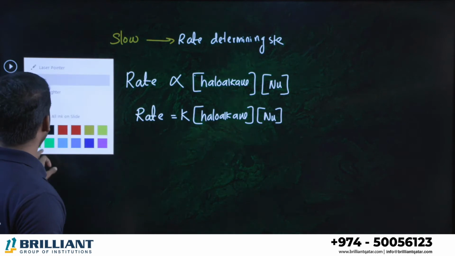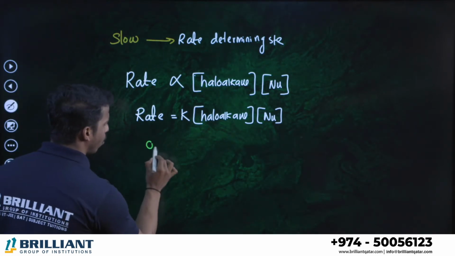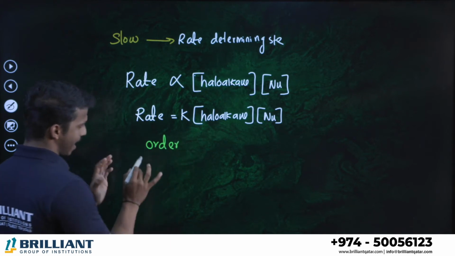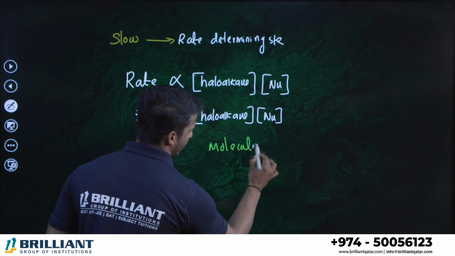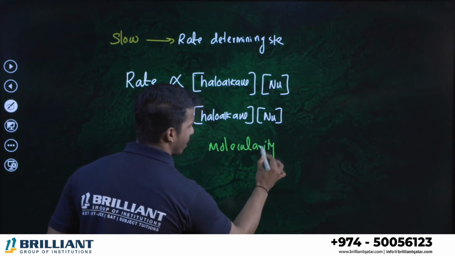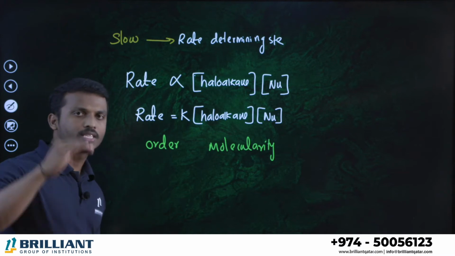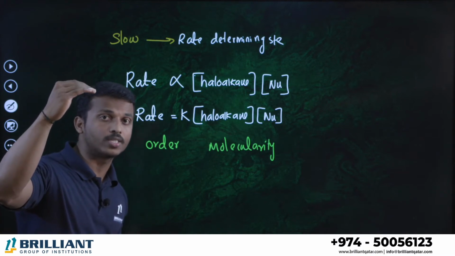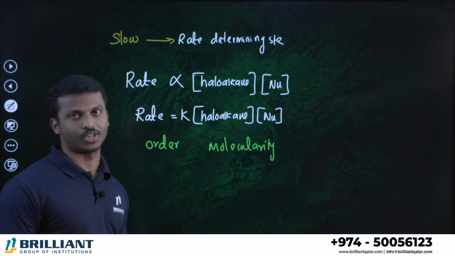Then we can go for the question. What is the order of the reaction? What is the molecularity of the reaction? Do you remember what is meant by order? We discussed it in SN1 mechanism. Order means the sum of the powers of the concentration terms in this rate equation.